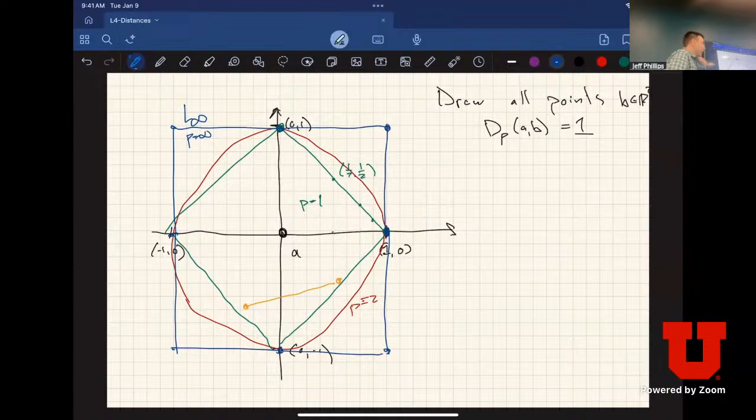Okay, so we didn't talk about other shapes here. What do you think an L3 sphere would look like? Or an L4 sphere? Somewhere in between. Yeah, these are nicely nested, right?